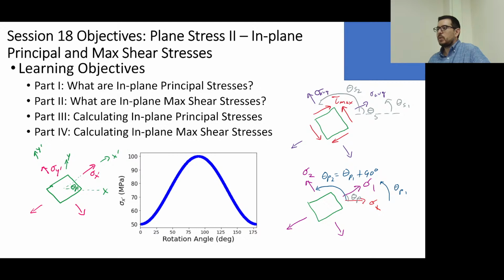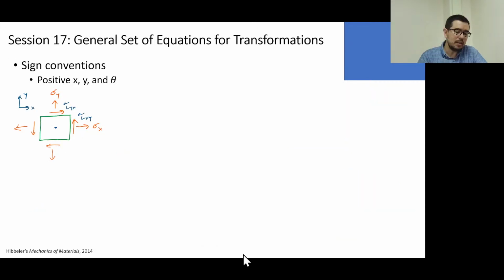We now have a set of equations for transformations. And they allow us to go from a state of stress with sigma x and sigma y and tau xy, so 2D planar stress, to a state of stress with a sigma x prime, sigma y prime, and a tau x prime y prime, like this.